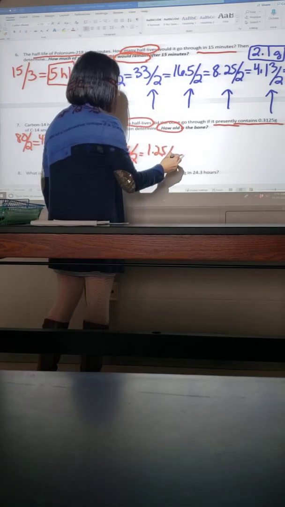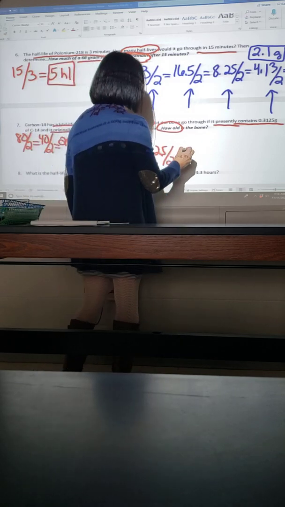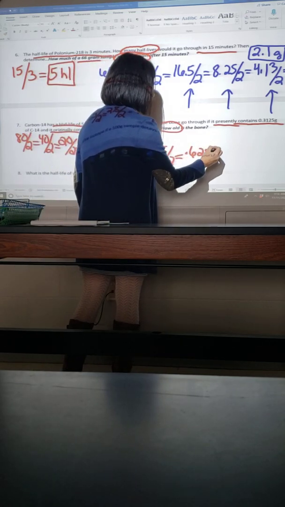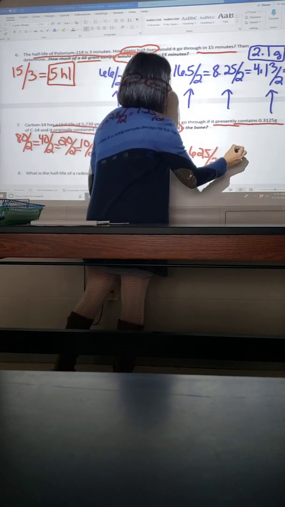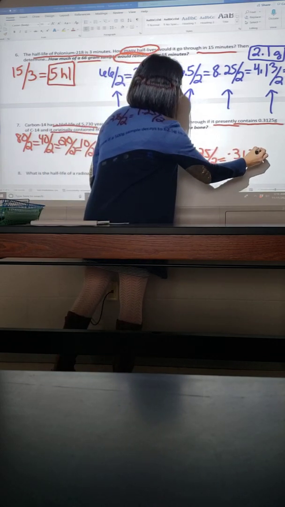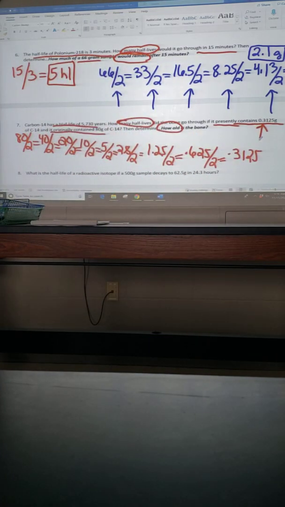Now Cade, or Cole, 0.625. Okay. 0.625, and then that divided by 2? 0.3125. Oh, thank goodness. 0.3125, and I stopped because that's what I was trying to get to.